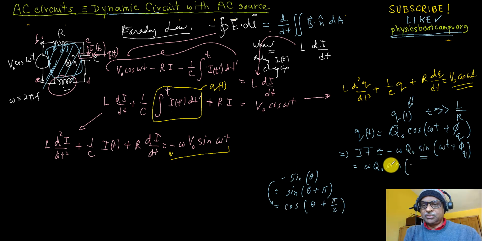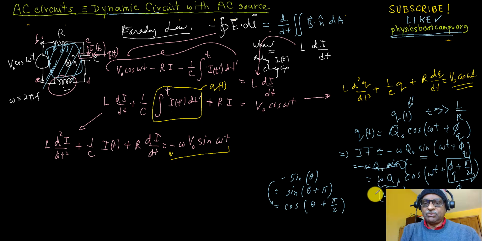So I'm going to write this as omega q0 cosine(omega t plus phi_q plus pi/2). So this will be phi_I. If this is positive, then that will be I0. If not positive, then this minus can be absorbed further inside here by adjusting the phase.